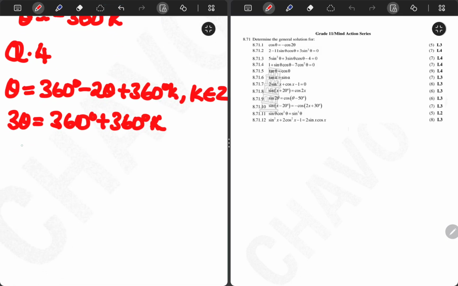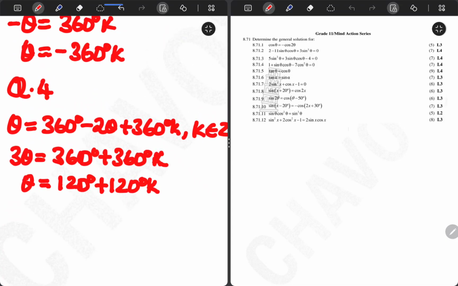This is what we're going to get: theta equals 120 plus 120k. This is what we have. All right.